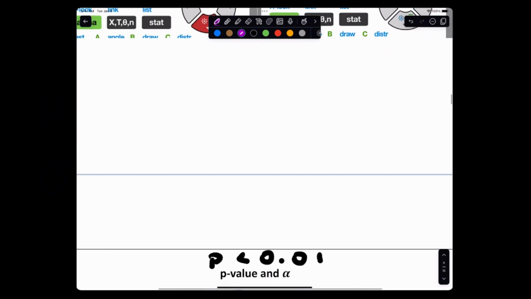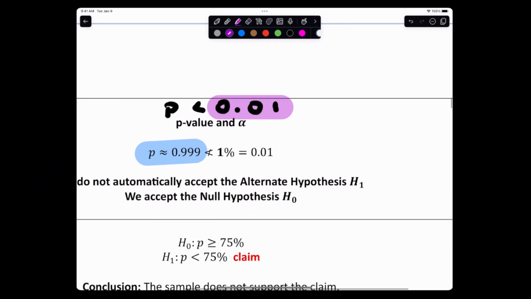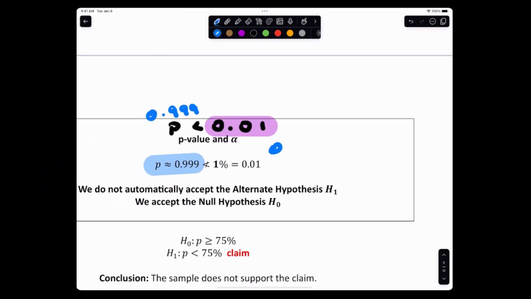So that p-value, and that's what I'm writing down here. Your p-value is going to be actually point what? It's almost 1. So this number, 0.999, is not smaller than the level of significance of 1% here.